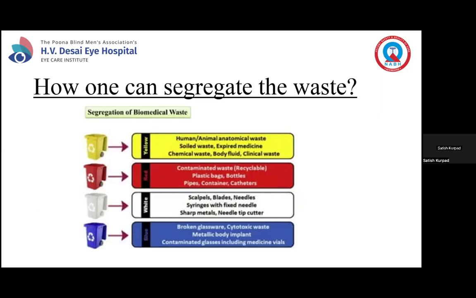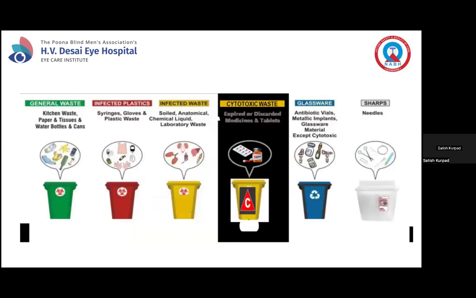So, how can we segregate the waste? There is different color coding for the segregation. General waste, such as kitchen waste, paper, tissues, and water bottles, is discarded in green or black dustbins. Infected plastics, such as used syringes, gloves, and plastic waste, are discarded in a red bag or red dustbin.